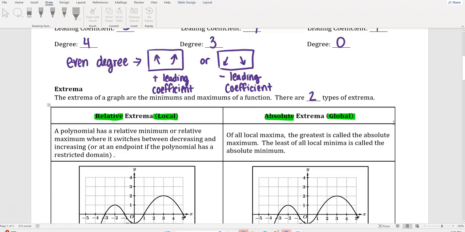To me, they make a lot of sense. For example, if you are the best basketball player on Elkin High School's basketball team, you are the local maximum, right? You are better than all of the other players around you.